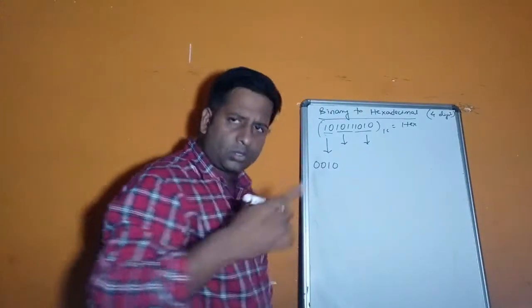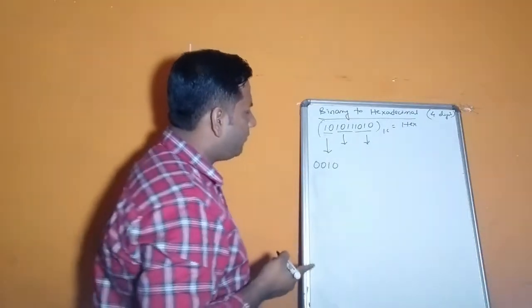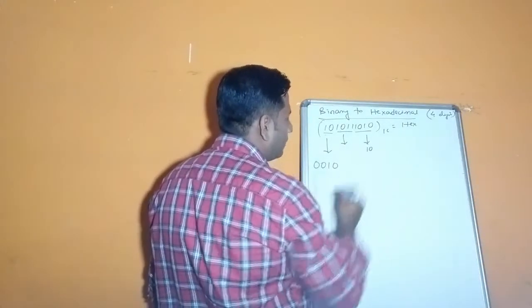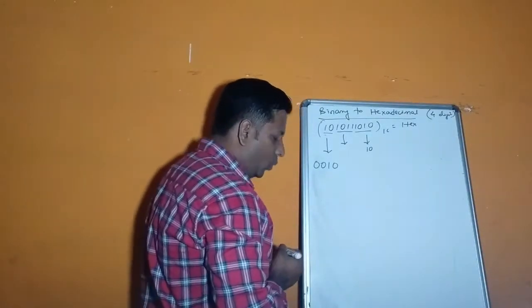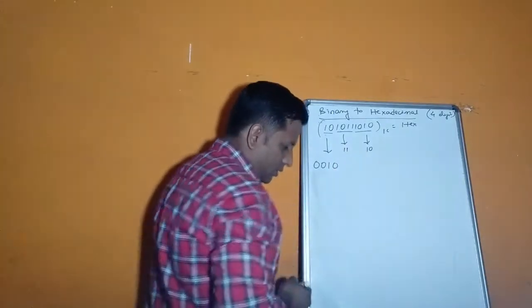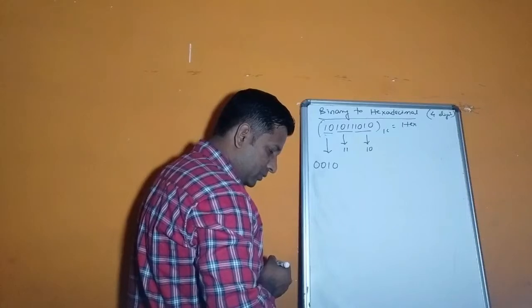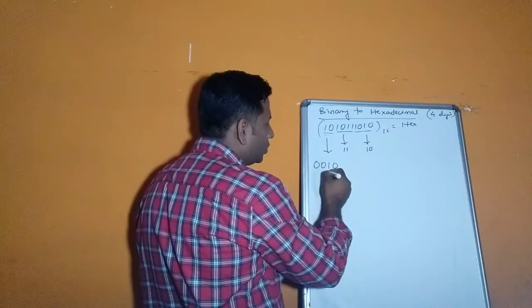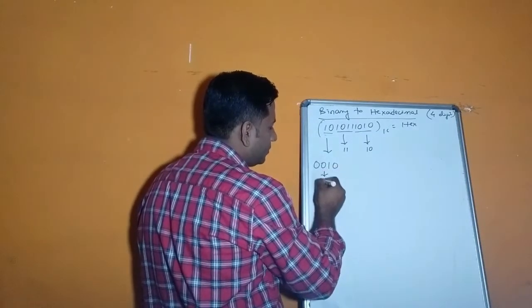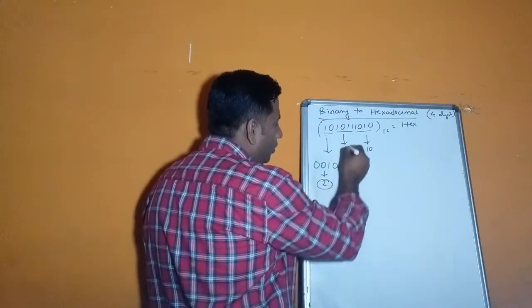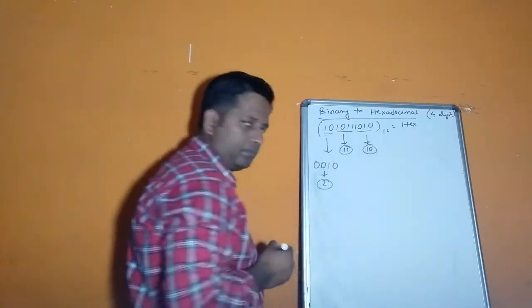So 1010, if you convert from binary to decimal, you will get 10. And 1011 is 11. And 0010 is 2. So we have 2, 11, 10.